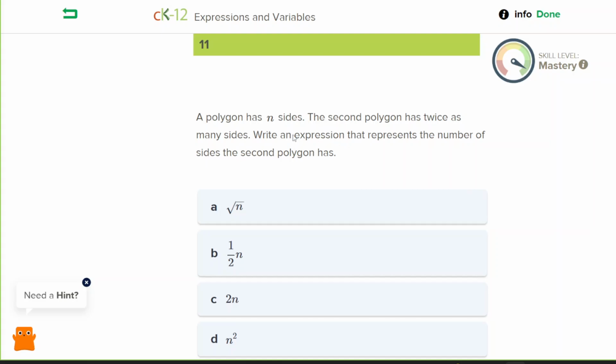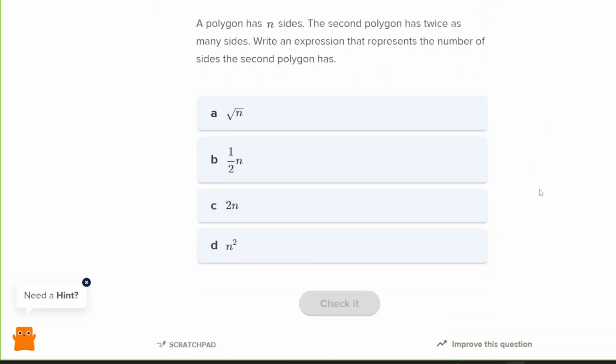Okay, so this first example I'm looking at, a polygon has n sides. The second polygon has twice as many sides. Write an expression that represents the number of sides the second polygon has. Right. So I'll go to the scratch pad here.